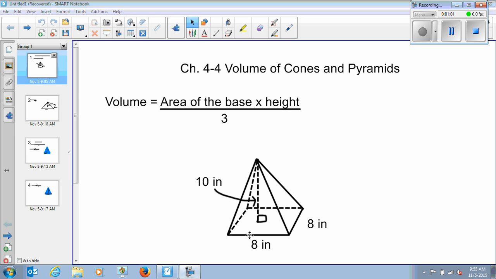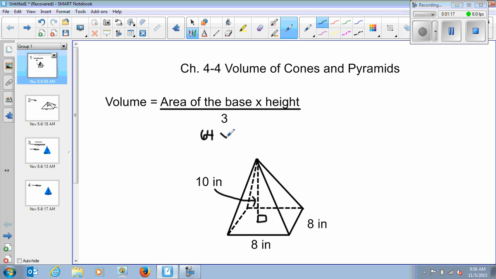Well, for a square, we just multiply two adjacent sides. We're going to multiply the base times the height, so to say, for the square, which is just 8 times 8. So for the area of the base, I get 8 times 8, which is 64 units.